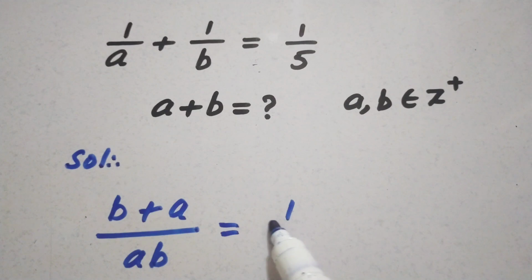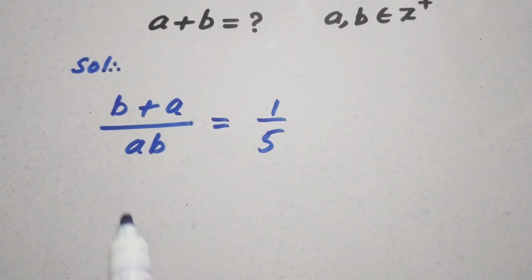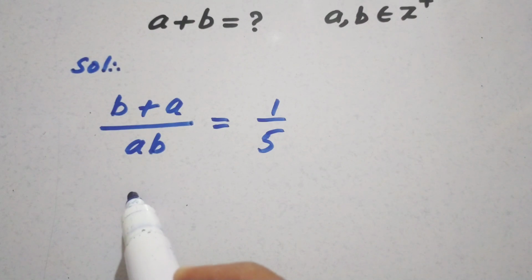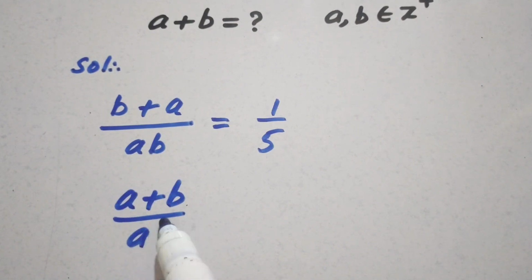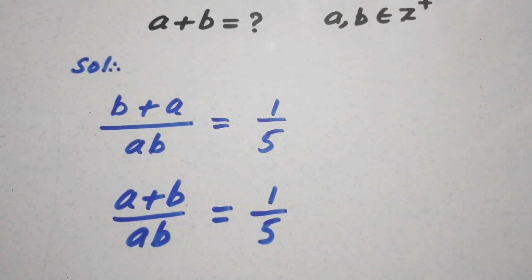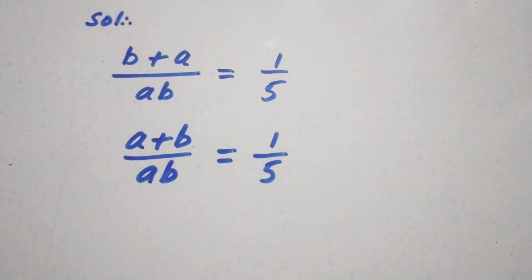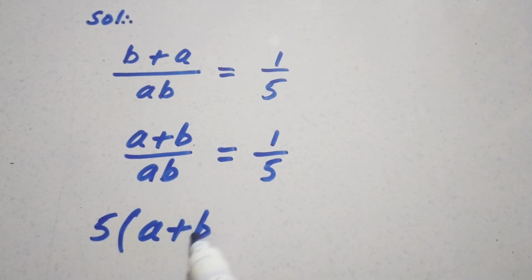This is equal to 1 by 5. We can write this as a plus b divided by ab, and this is equal to 1 by 5. Now by doing cross multiplication, we get 5 multiplied by a plus b. This is equal to 1 multiplied by ab.